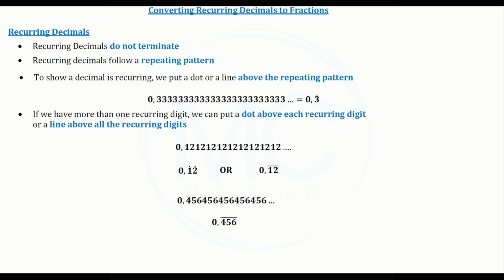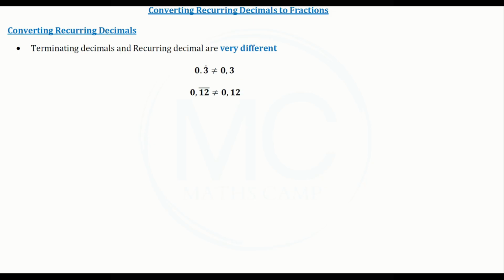Before we move on to converting recurring decimals, please remember that terminating decimals and recurring decimals are very, very different. So 0,3 recurring is not equal to 0,3. 0,12 recurring is not equal to 0,12, and 0,456 recurring is not equal to 0,456, as they have different values.